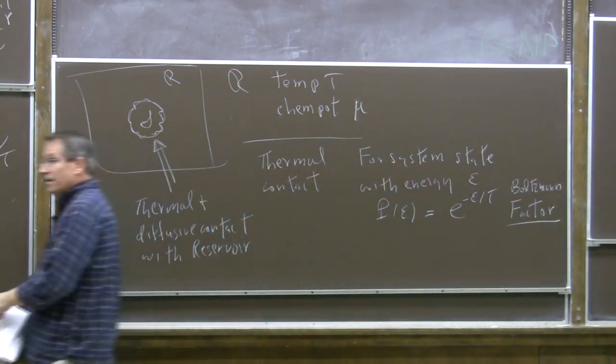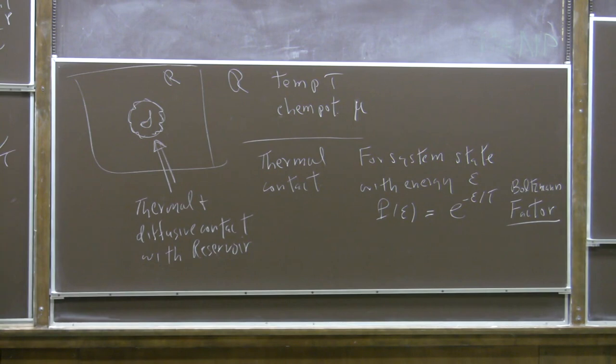The reason is that if the system is in a state with energy E, it has to borrow that energy from the reservoir. And that reduces the number of accessible states for the reservoir, which makes a higher energy state for the system less likely.